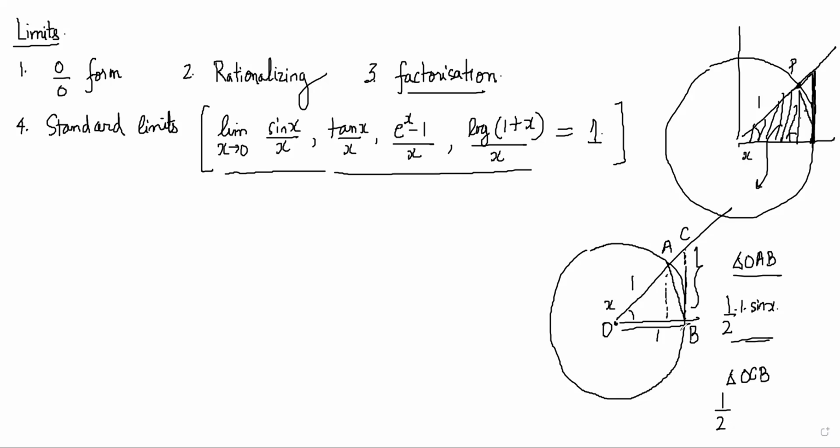So half into base, which is 1, into tan x. And the sector area, the OAB sector, will be x by 2 pi into pi r square, right? x by 2, r square is 1, so x by 2. So all three areas are basically sine x by 2, x by 2, and tan x by 2.